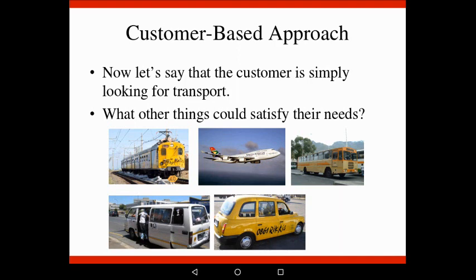It's also a little bit more flexible but more expensive. And then lastly, their feet. They could get good walking shoes, and that could offer them personalized transport. And so these are all competitors of one another, and these are also competitors of a car.